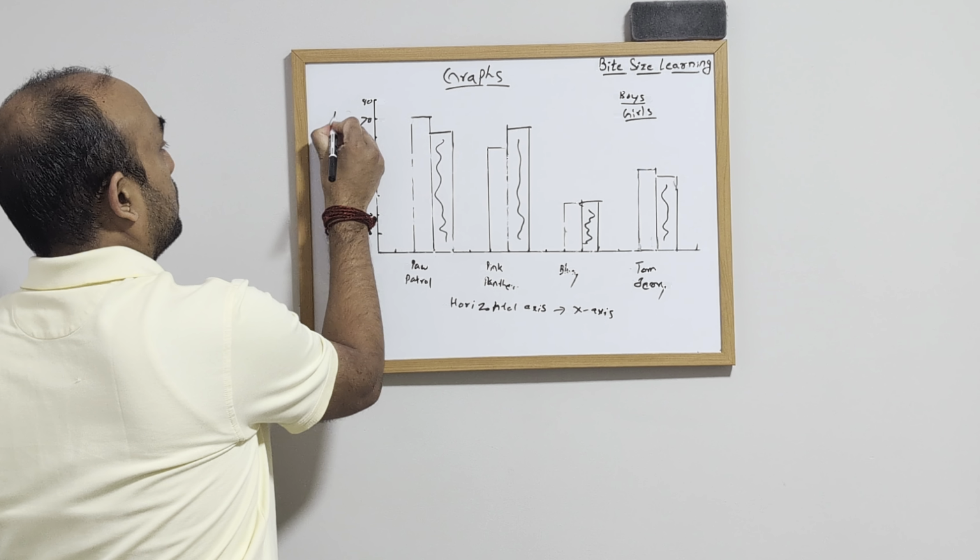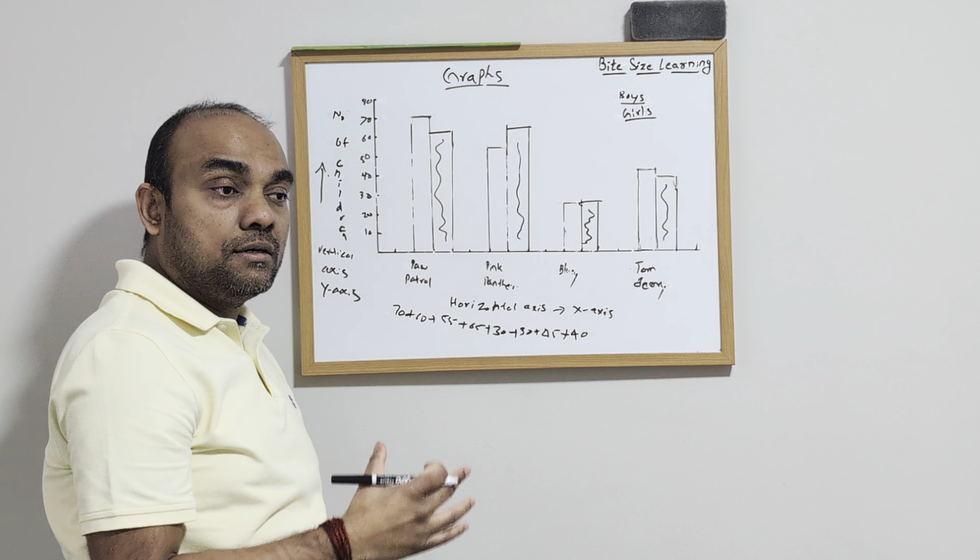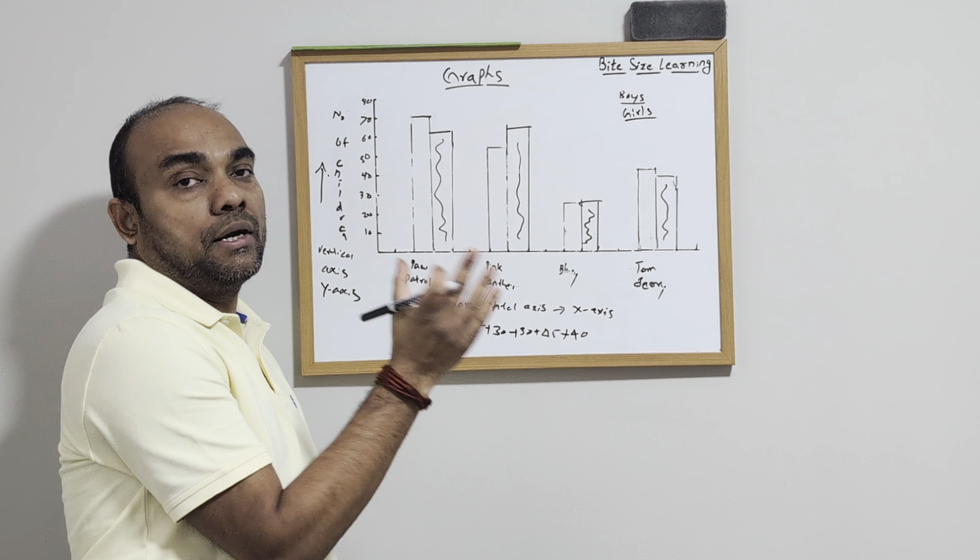For Paw Patrol it is 70 plus 60. For Pink Panther it is 55 plus 65. For Bluey it is 30 plus 30. And at the end it is 45 plus 40. If you sum all of this up, that is the total number of children that took part in the survey.